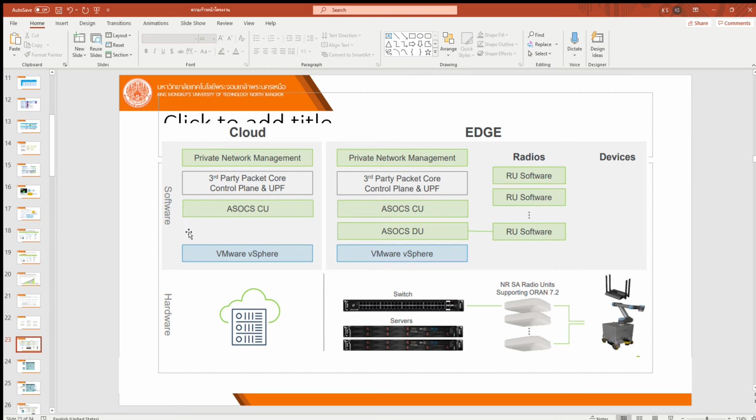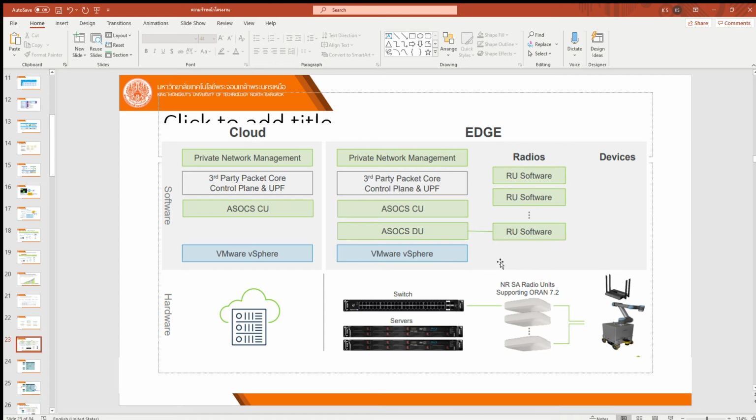In this one, we call some kind of core vendor, which is a company that sells the core network. And we're going to have VMware vSphere for the cloud. For the edge computing, you need private network management, which has a third-party packet core control plane, and also the company software, and you're going to use VMware vSphere.